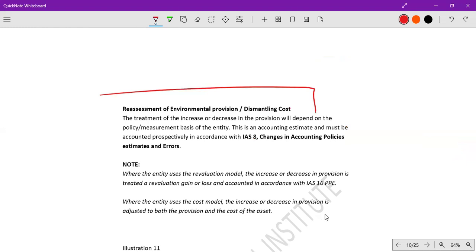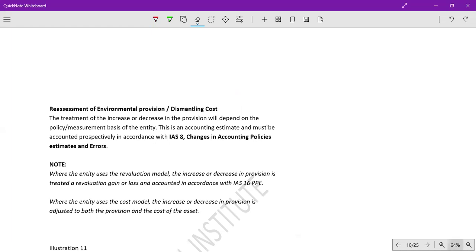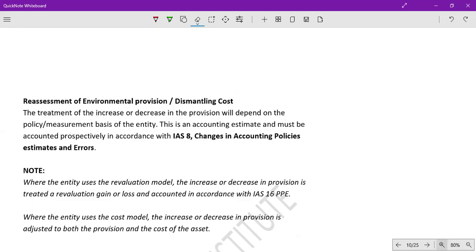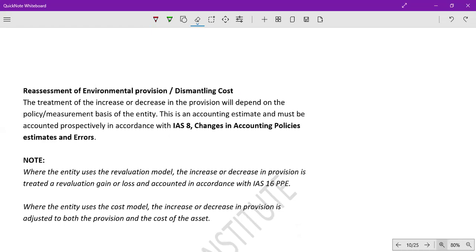Please pay attention here very well, because this may be new to a lot of people here. I know there are senior people here, for whom it is not new. Reassessment is the same as remeasurement of environmental provision or dismantling costs.